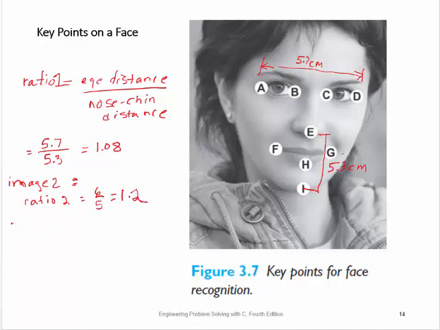And then I take the third image, maybe you're trying to match images, and I calculate their ratio, and their eye distance is 6.0, and their nose to chin distance is 5.6, and it gives me a ratio of 1.07.